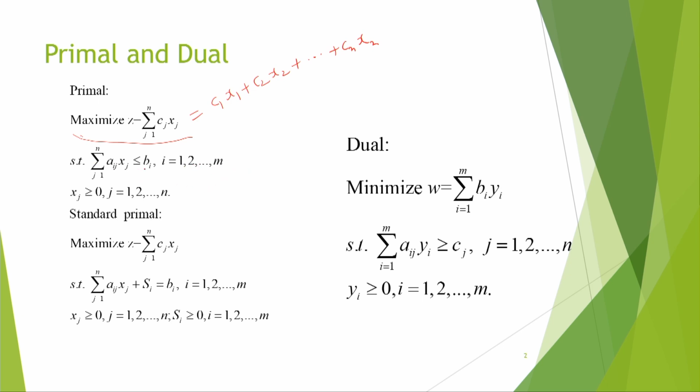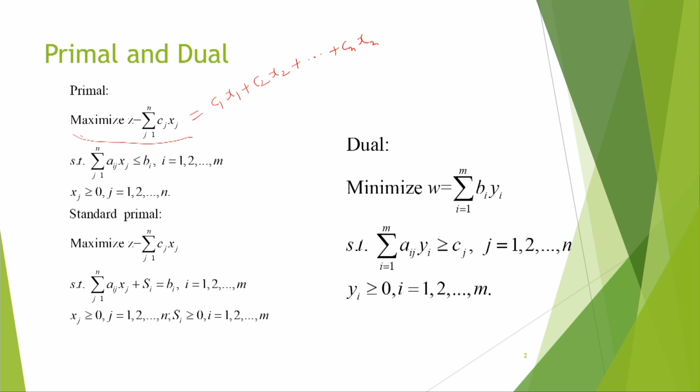Understand that these are m equations, so these are m constraints, and each one has an expression. Basically it is a matrix whose rows are m and columns are n, so it can be written in matrix form. Each one is one constraint. And xj is greater than or equal to 0, for j equal to 1 to n.